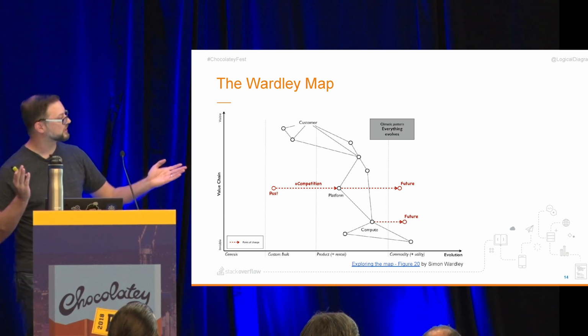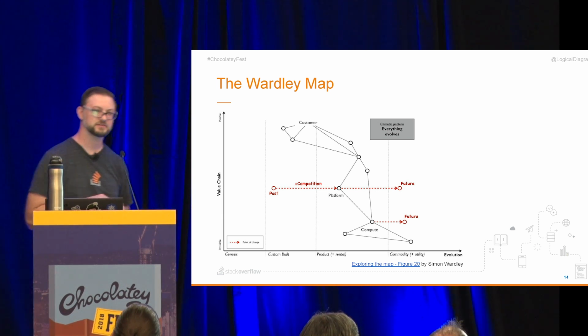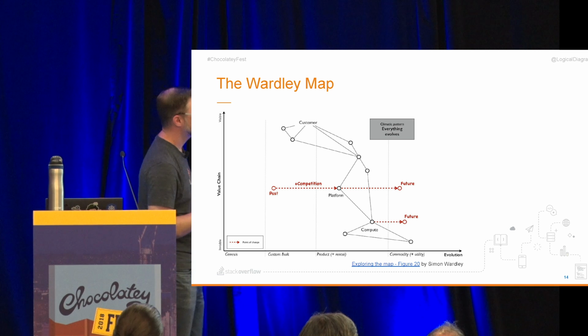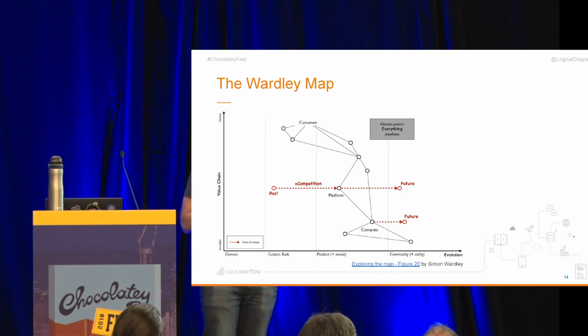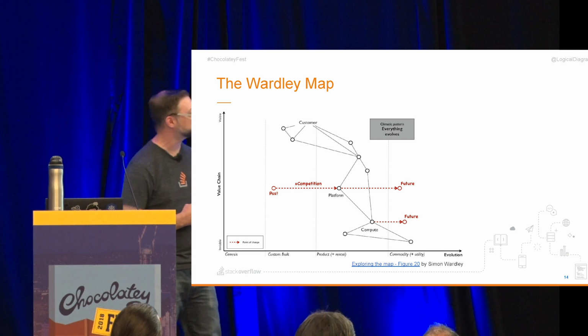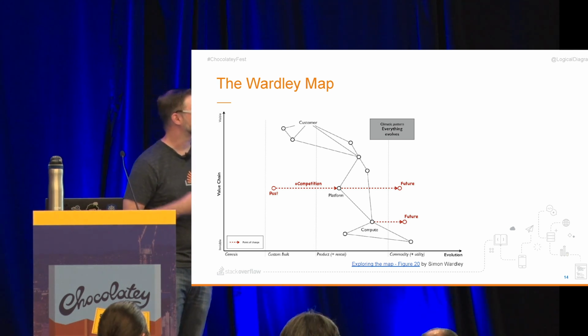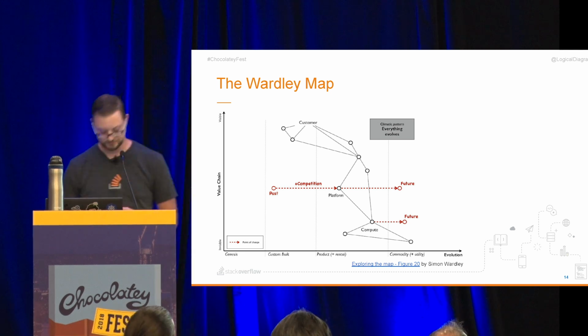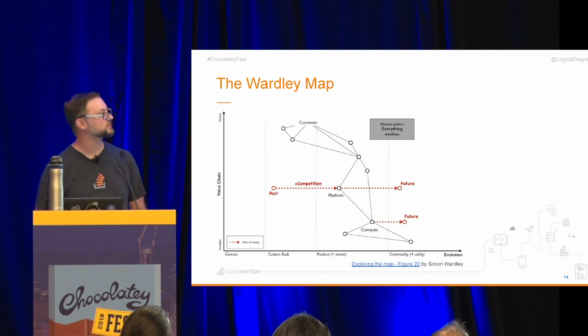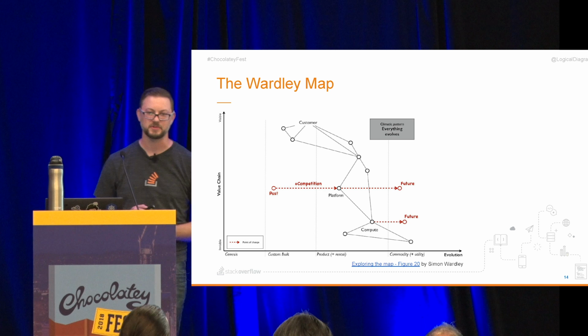And the important part is you can see in this sample map that there's a reference to time. So it's not just, here's what the platform is now, but here's what it was in the past, applied some competition, and here's where we expect it to be in the future. So it's a pretty simple looking map, and you can already determine quite a bit of information.